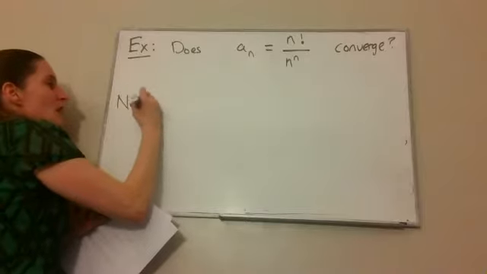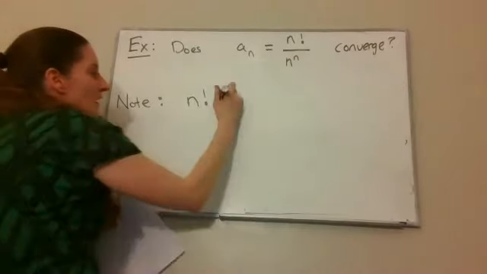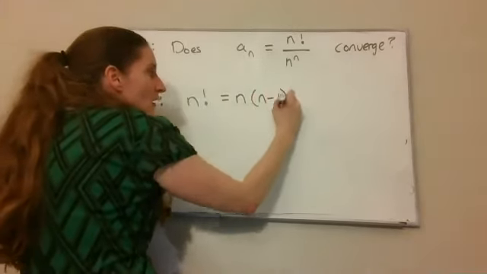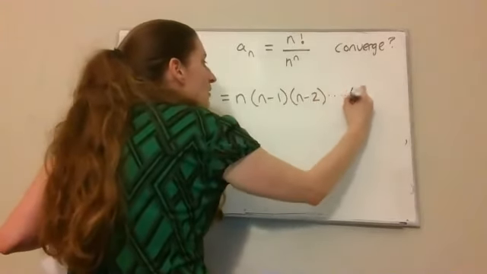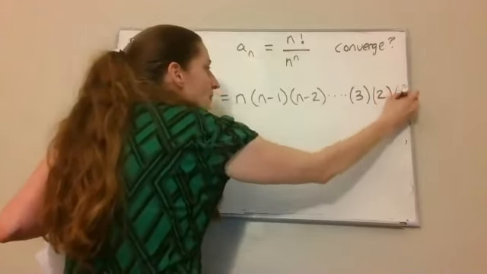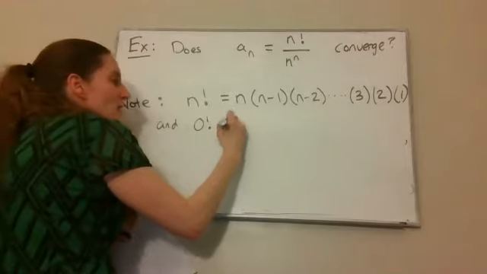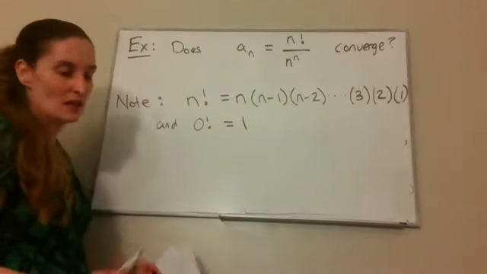And we should know that n factorial is equal to n times n minus 1 times n minus 2, and you keep multiplying until you reach 1. And 0 factorial is defined to be 1 just by definition.